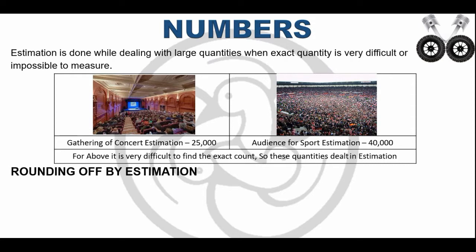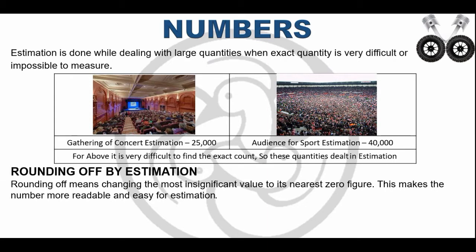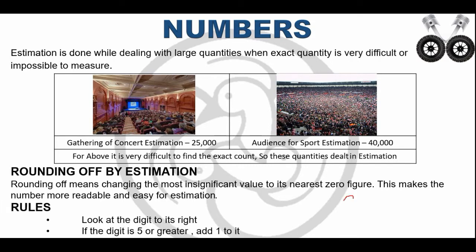Next, we are going to see rounding off by estimation. Rounding off by estimation means you are rounding a number to the nearest zero. For example, if there is a number 215 and you want to round it to the nearest 10, what is in the 10th position? 1.